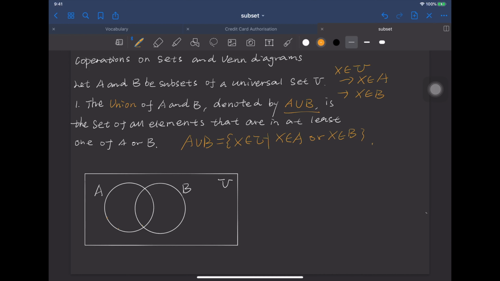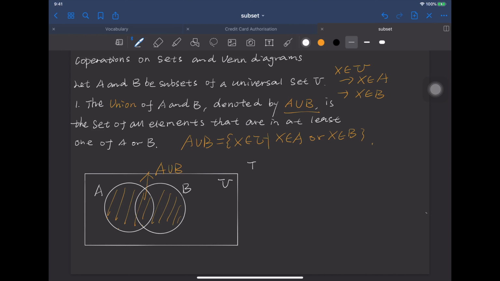In this case, we can shade the region to express which part we need to consider. So we shade the regions A and B together, and the whole region indicates A union B.